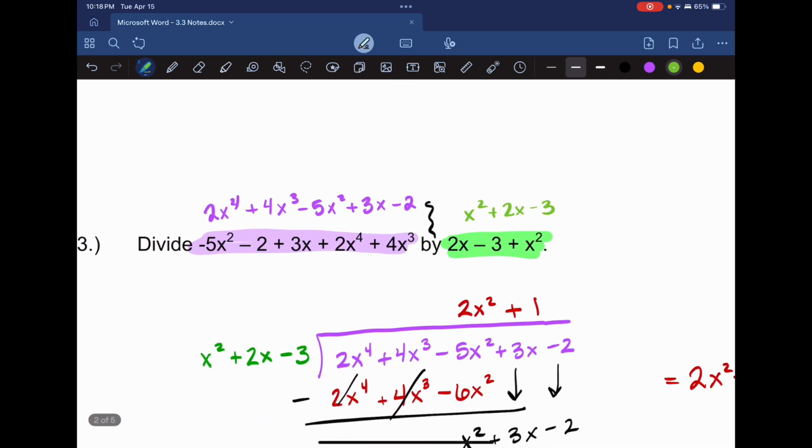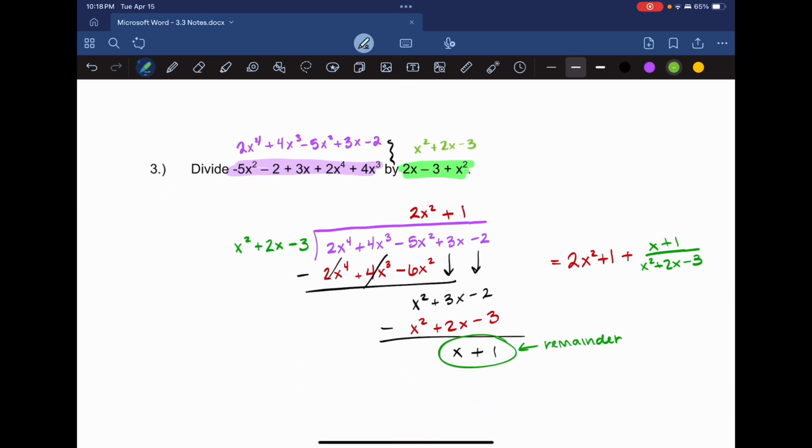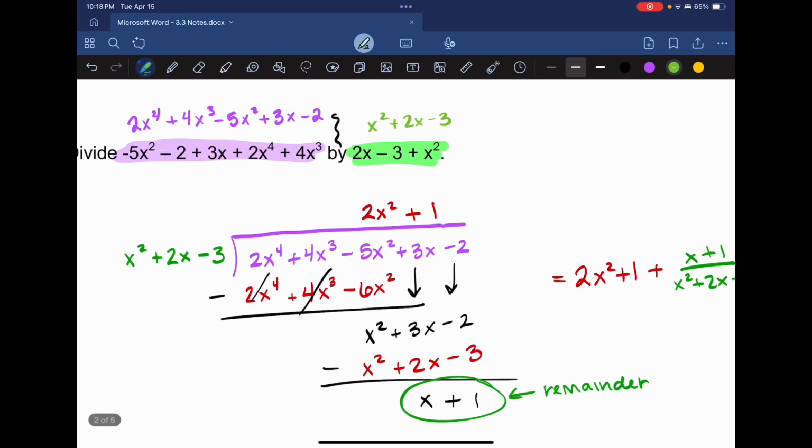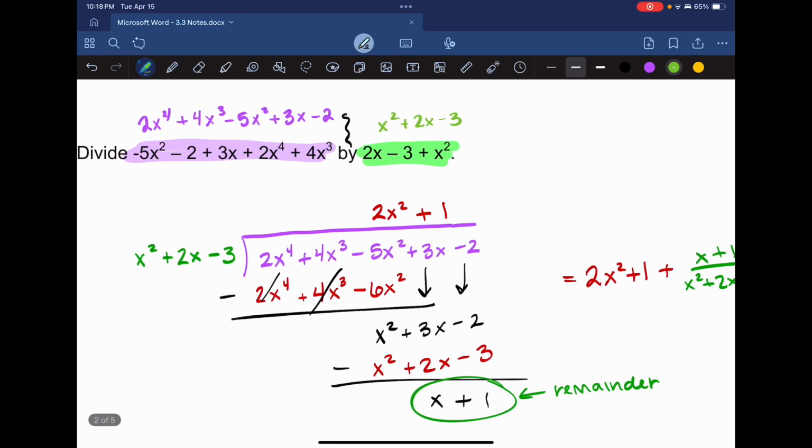Okay, so here's our work, okay? We plugged in, like I said, my new problems in standard form. Now notice here in this one, we're dividing by a trinomial, okay? I didn't necessarily preface with that, but we follow the same steps, okay? There's only one thing that shifts.